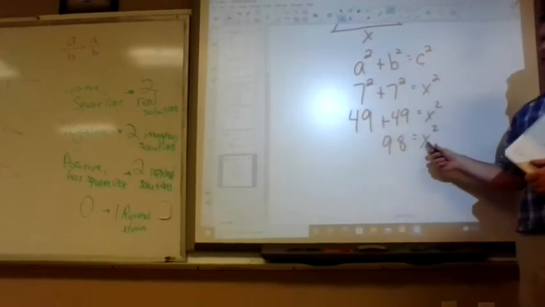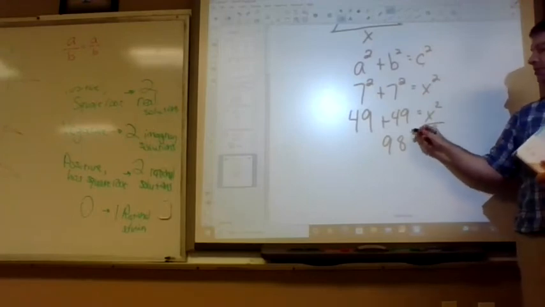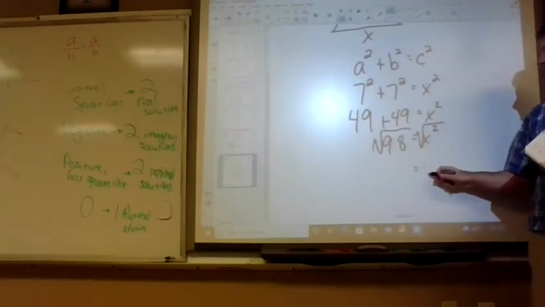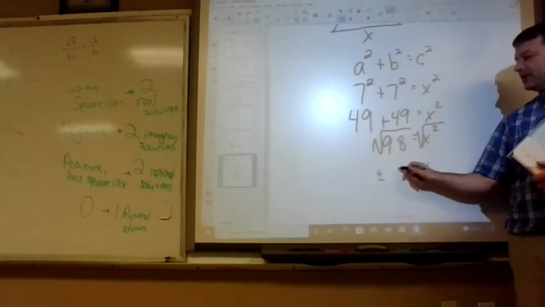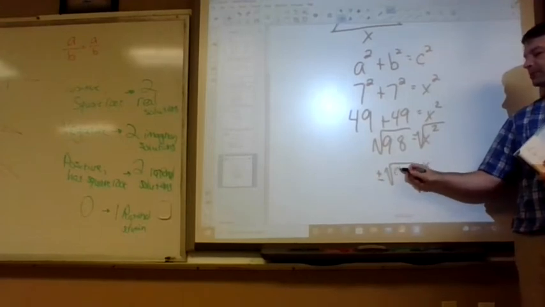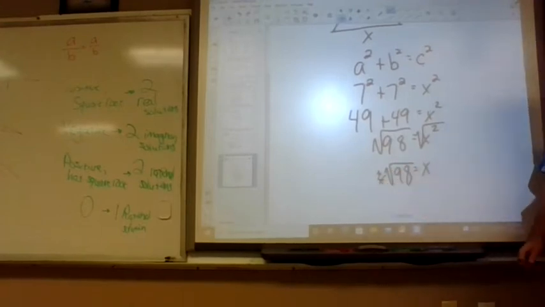How do we get rid of the squared? Technically, it could be plus or minus the square root of 98, but because we're talking about the length of a triangle, it's just going to be the positive square root of 98.